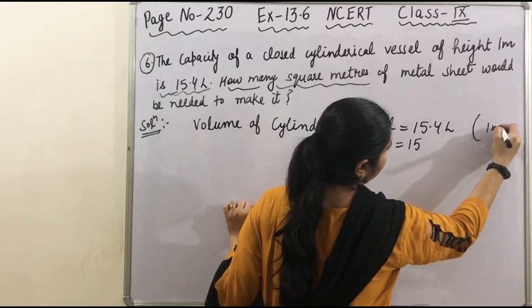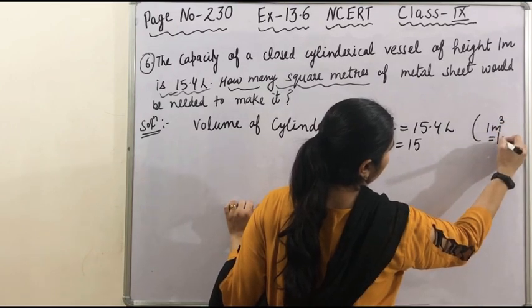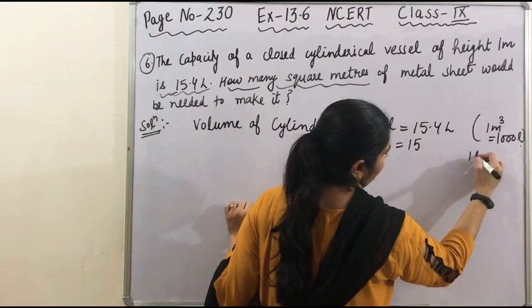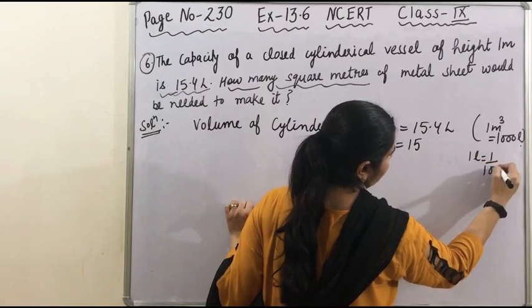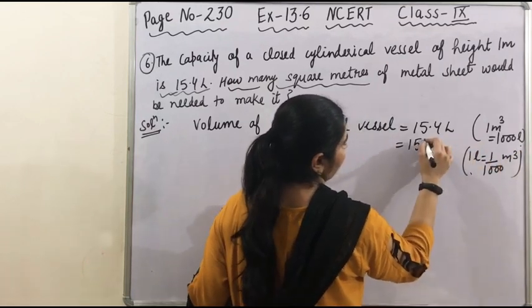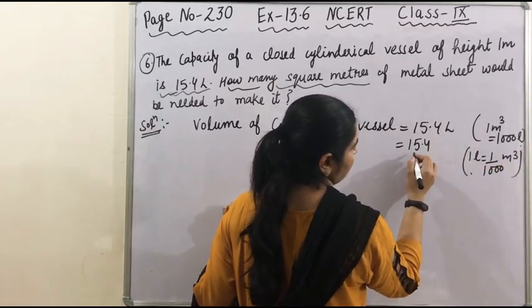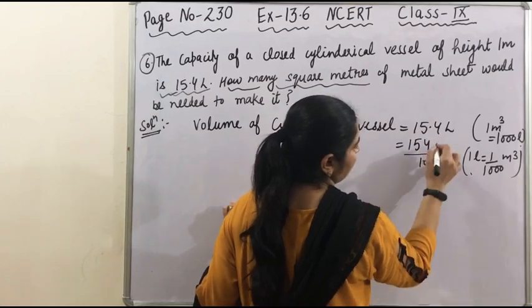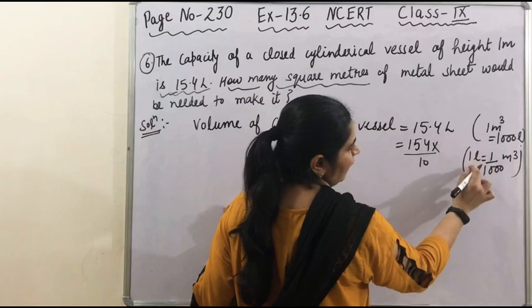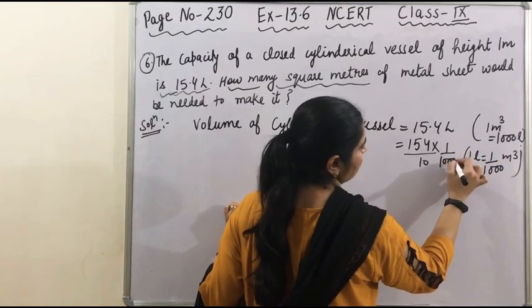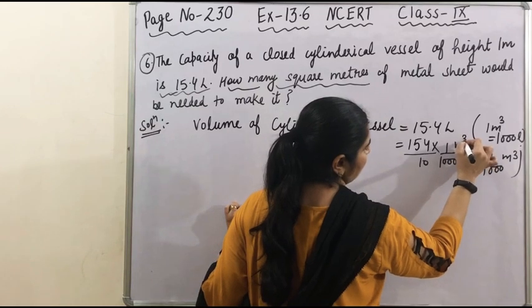We know 1 meter cube is equal to 1000 liter, or simply we can write 1 liter is equal to 1 upon 1000 meter cube. Here I am writing this divided by 10, when we omit this point, 10 will come to the denominator.